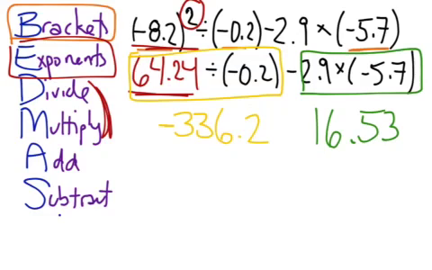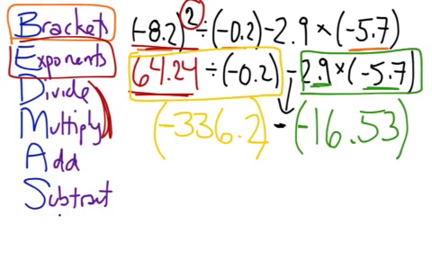Oh, sorry, that's actually negative, right? Because this is a positive number times a negative number, which makes this negative. So I'm going to put brackets around that. Actually, I'll put brackets around this too because it's also negative. And last thing to note is that there is still a subtraction sign between these numbers.